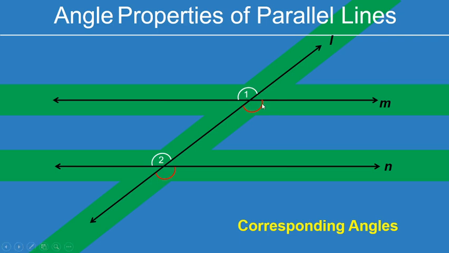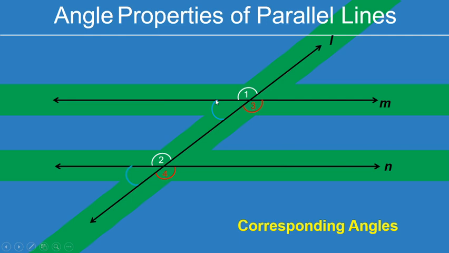Similarly, for these two, one is interior and another one is exterior, but on the same side of the transversal line. So these two angles are also corresponding angles. Look at the next pair.